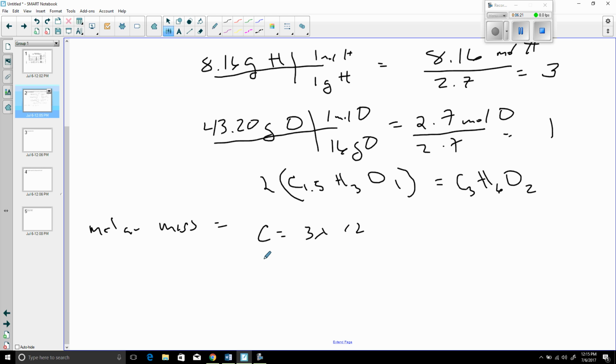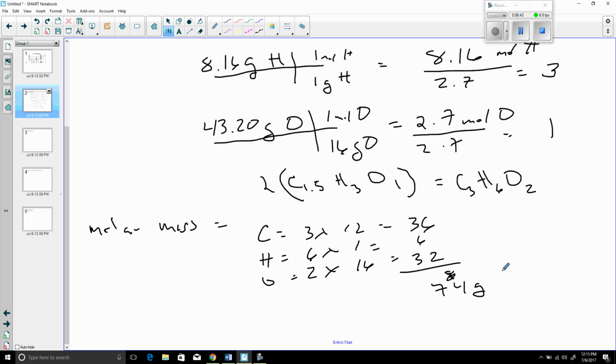Hydrogen, 6 times 1. And oxygen, which is 2 times 16. So we have 36, 6, and 32, for a total of, sorry, 74 grams, which is the molar mass of my empirical formula.